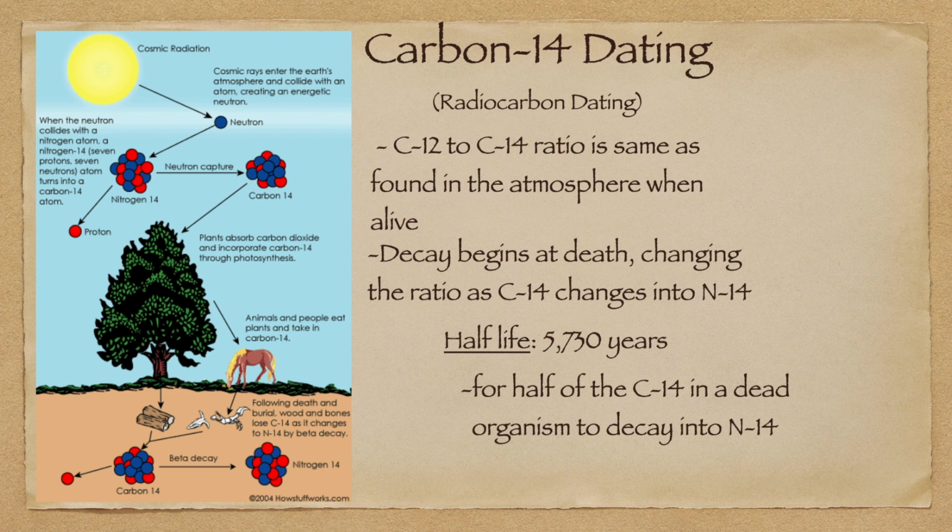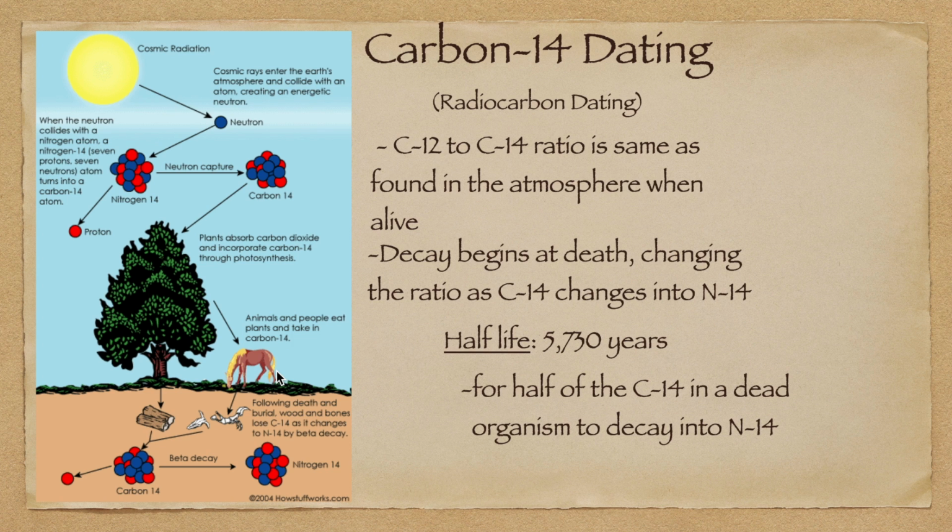When an organism is alive and breathing and eating, the amount of C12 and C14 in that organism, like this horse here, is the same ratio as the ratio that you would find in the atmosphere and all other organisms that are alive. They all have the same ratio.